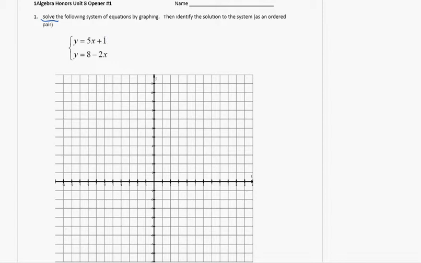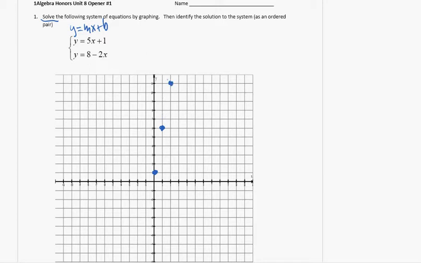Hopefully you remember that this looks like it's in slope-intercept form. That would be y equals mx plus b. So the y-intercept is 1, and the slope is 5. So I go up 5 over 1, and up 5 over 1.